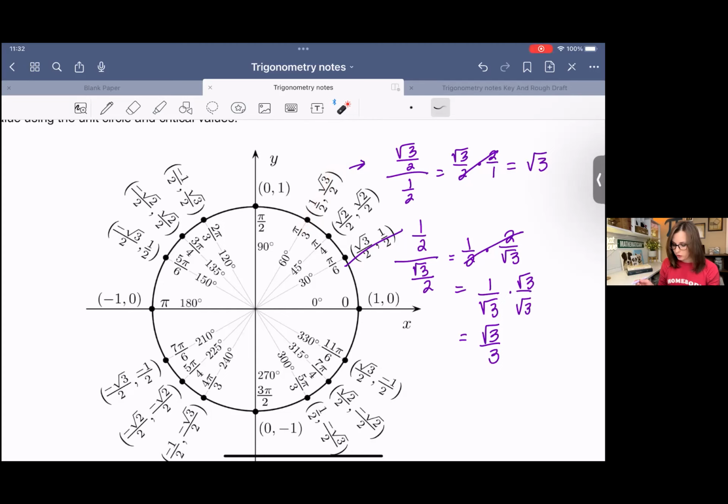So we need to figure out where we're going to get negative when we divide. Obviously this one is not negative, which means we're not going to use that. But if I go over to 1/2 comma root 3 over 2, right here, I have one negative. So negative over positive is negative. So this one's going to work. And then another one, nope, that's double negative right here. So I'm not going to use that one, which means my other one is right here.